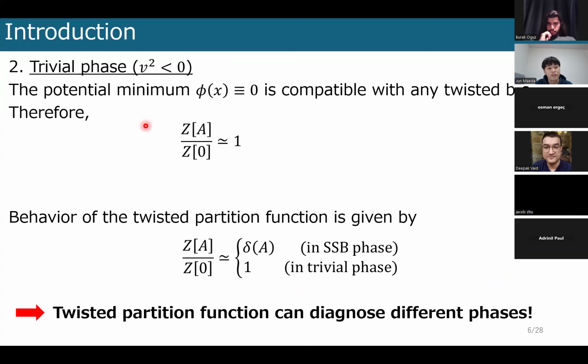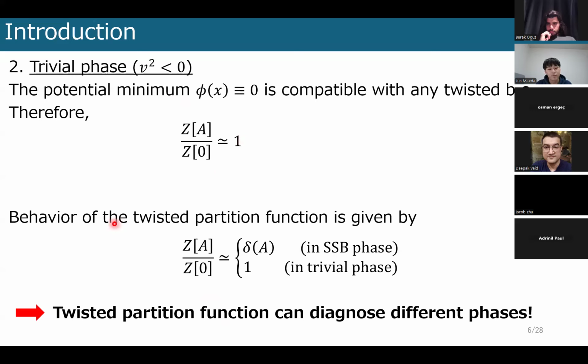In the trivial phase, there is one potential minimum, written as phi(x) equals 0, and this is compatible with any twisted boundary condition. This implies that the twisted partition function does not have dependence on twisted boundary conditions, or equivalently does not have dependence on the gauge field. So the twisted partition function behaves like a constant functional in the trivial phase.